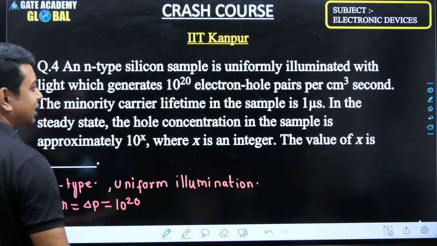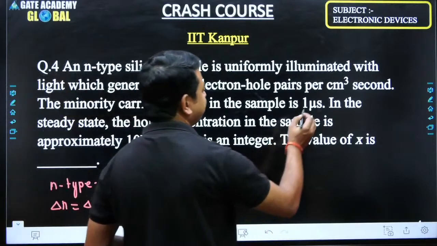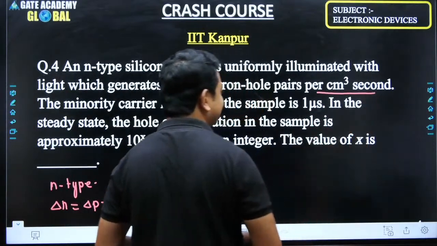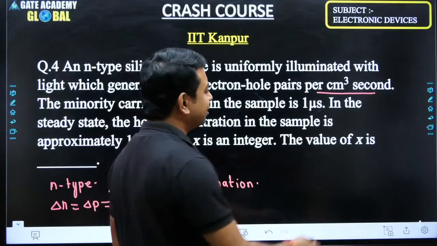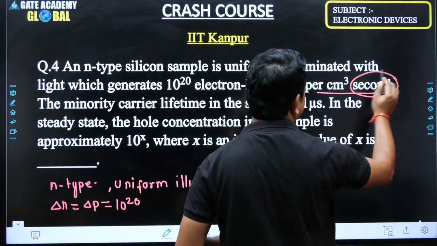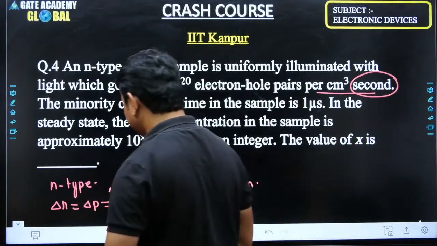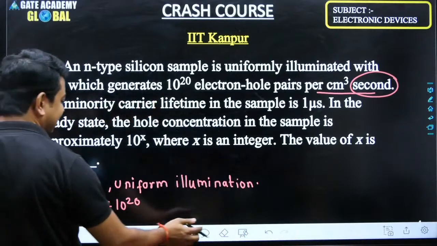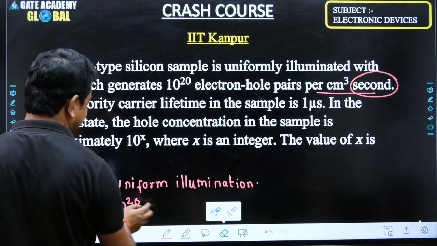So if it is per centimeter cube per second, if it is written in this way, then definitely we can say that this is nothing but the generation rate. If it is a generation rate, then we cannot write it in this way.